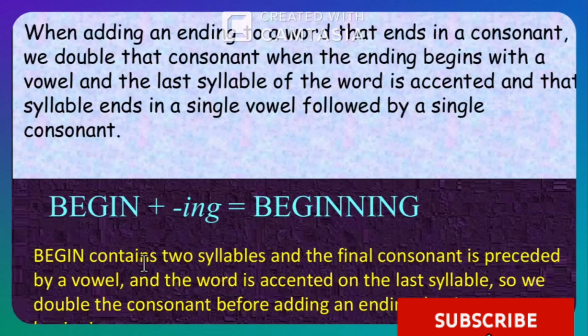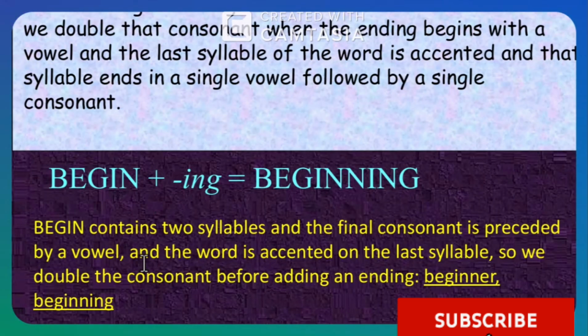Okay, there is another rule. When adding an ending to a word that ends in a consonant, we double that consonant when the ending begins with a vowel and the last syllable of the word is accented and that syllable ends in a single vowel followed by a single consonant. Here we are talking about a single vowel followed by a single consonant. We have begin.